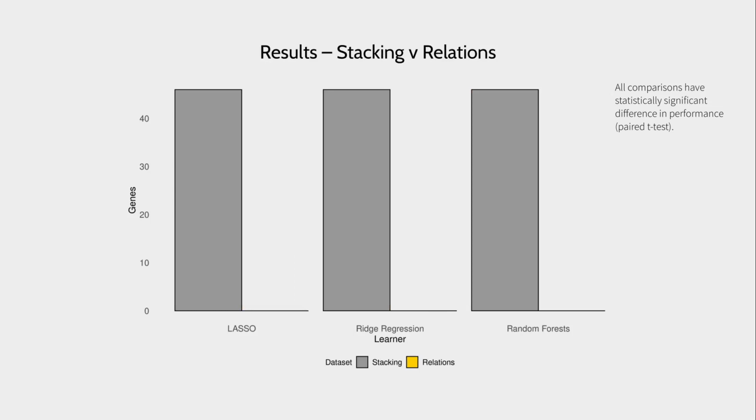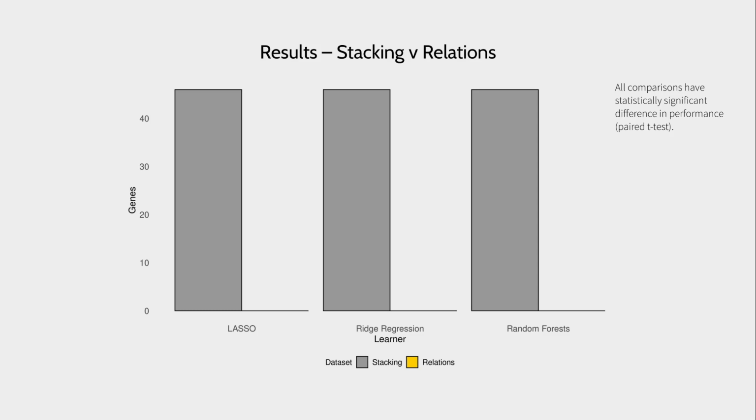So we then said, okay, concatenating the fingerprint dataset and the relations-based dataset doesn't quite work. How else can we apply this? And we decided to stack the predictions made using the fingerprint dataset and the predictions made using the relations dataset.